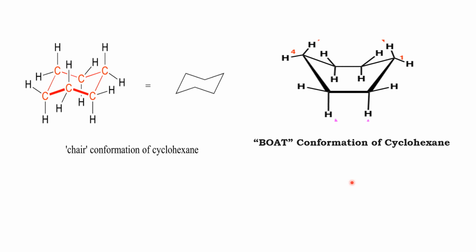Apart from these two, a large number of other conformations are there, but all of them result either starting from the chair conformation and ending at the boat conformation, or from the boat conformation to the chair conformation.